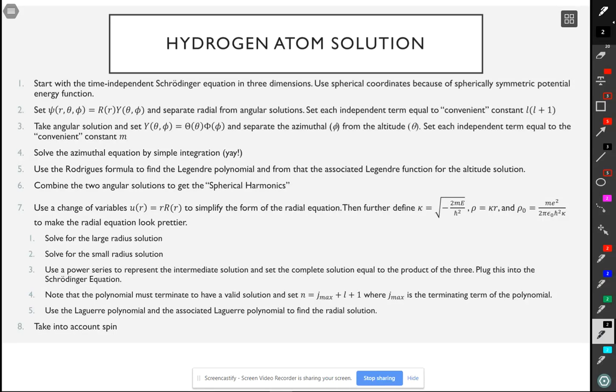And when you put that into your Hamiltonian, then by judiciously dividing everything by psi and then separating terms, you have terms that only have r as a variable and terms that have both theta and phi as a variable. So you take the terms that have r as a variable and you set them equal to the convenient constant of L times L plus 1.